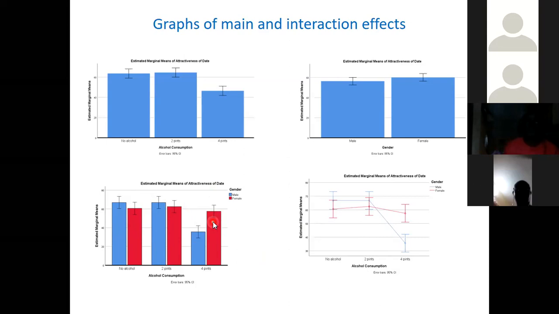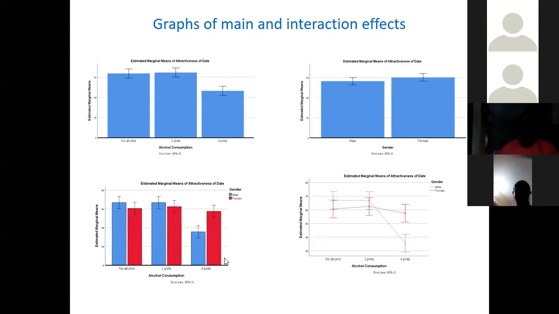So that shows that the alcohol affects male judgment. Naturally, if there's no alcohol, the male will rather want to go for fine people more than female. So it shows that the female may not go for fine men or fine people, just like the way men go for fine people.